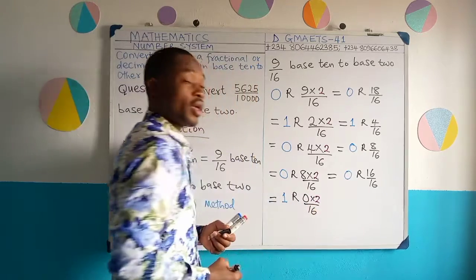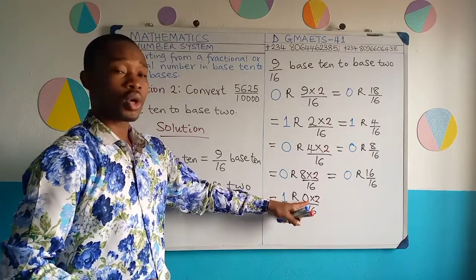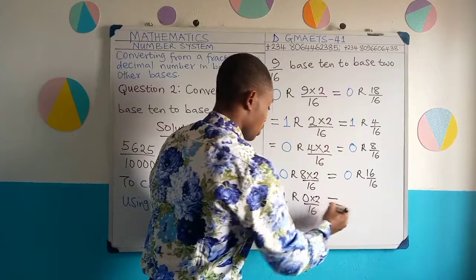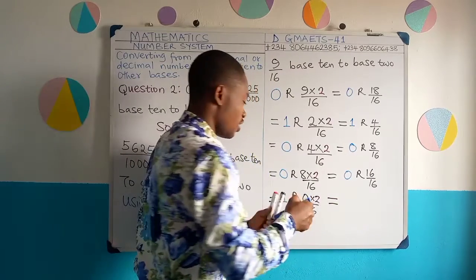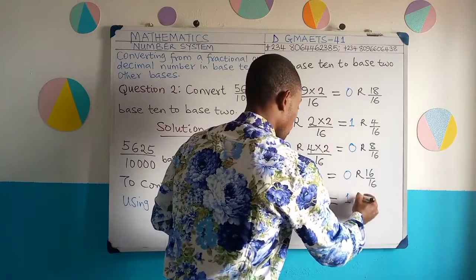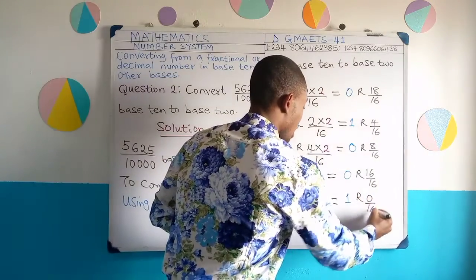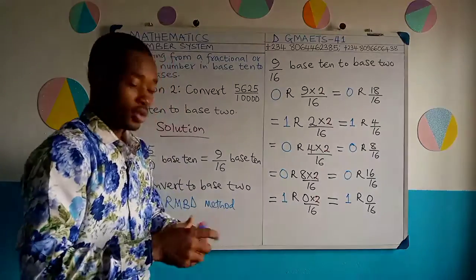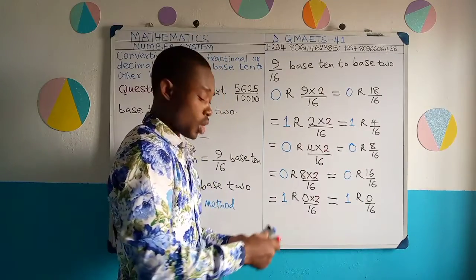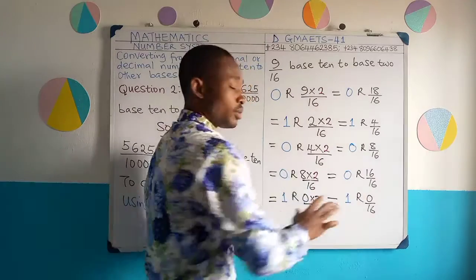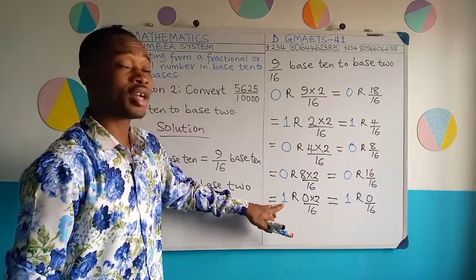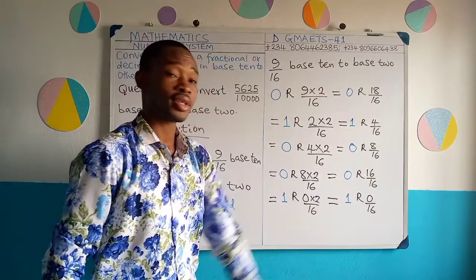But I don't need to do this anymore because I've gotten to this. If you work on this again, you are going to see that what this would give you would be 1 remainder 0 over 16. And 0 over 16 is 0. So you have finished your working. You have gotten remainder 0, which means you can no longer divide. Or per se, here you got one whole number when you divided 16 by 16.